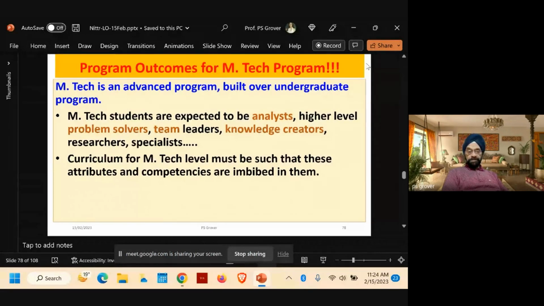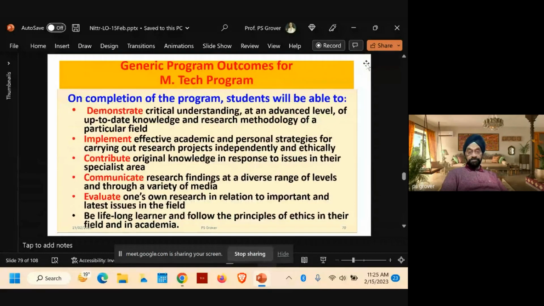MTech students are expected to be analysts, higher level problem solvers, team leaders, knowledge creators, researchers, etc. So the curriculum and the POs that I design should be at a higher level. Then the verbs I use should be at the corresponding higher Bloom levels, and the curriculum I design will correspond to that.